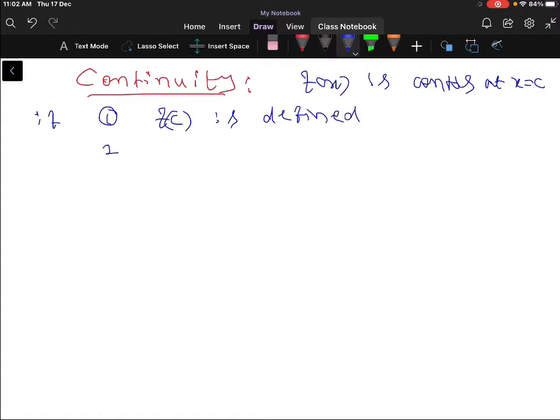Second condition, limit as x tends to c of f of x exists.